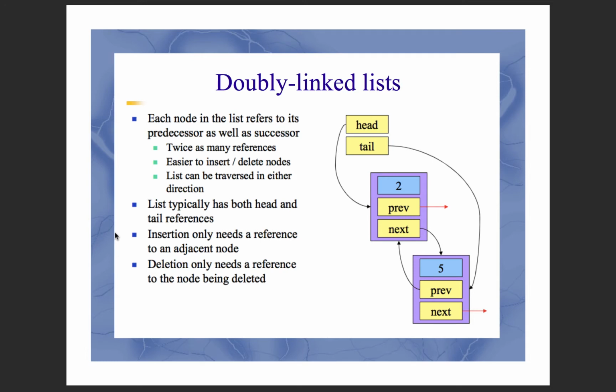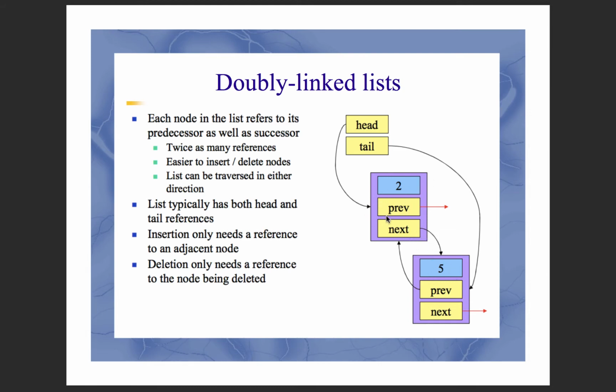The difference between a double linked list and single linked list is that in single linked list, every node has two members. One is for data and another one is for the address of the next node.